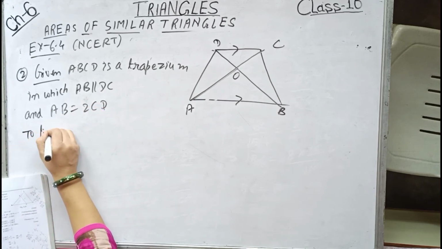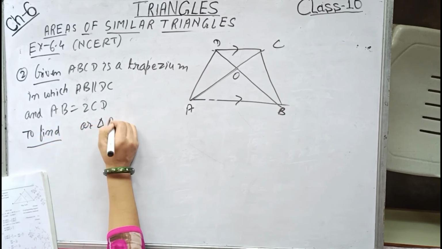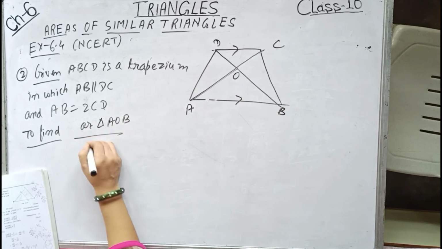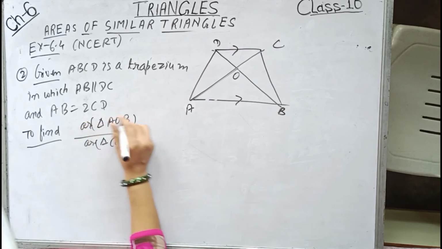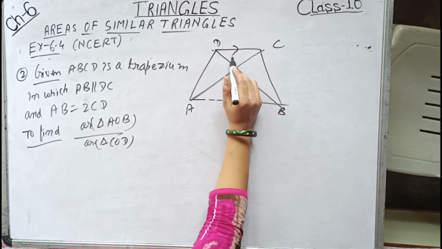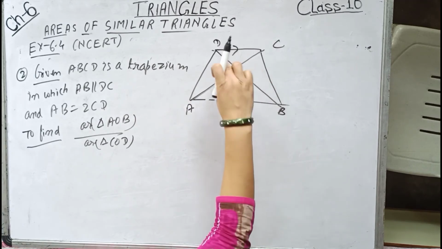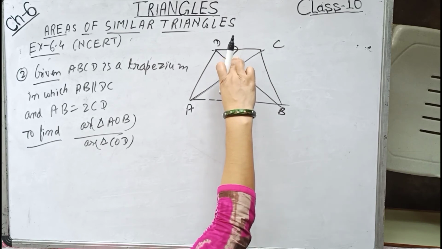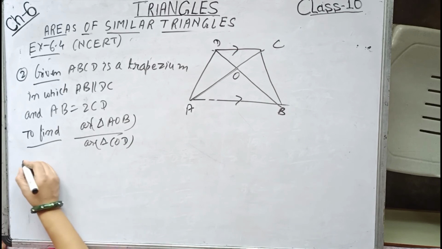To find: area triangle AOB by area triangle COD. Now clearly children, to find the area of this by this, first prove that these two triangles are similar and hence use the concept of area of similar triangles.